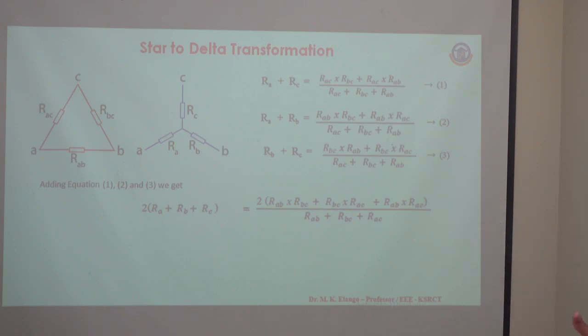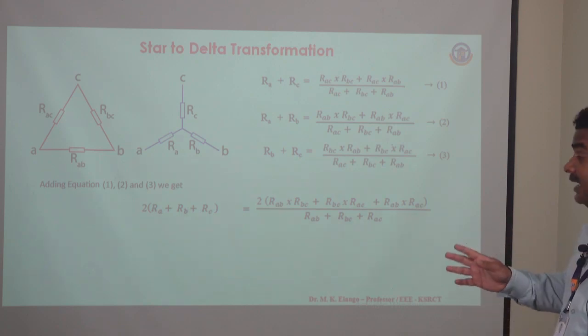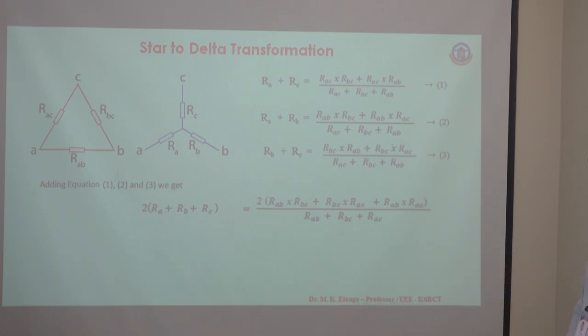On the right hand side, the term RAB RBC is available two times, RBC RAC is available two times, and RAB RAC is also available two times. So we get the equation: 2 times RAB into RBC plus RBC into RAC plus RAB into RAC, divided by the same denominator, right?